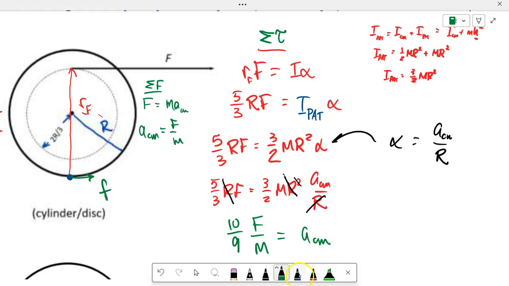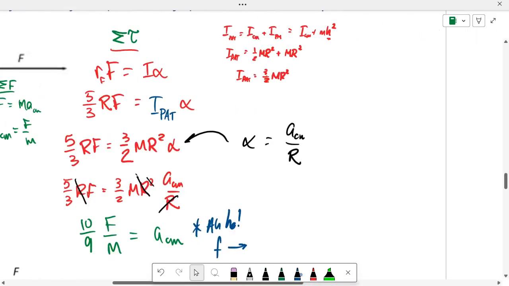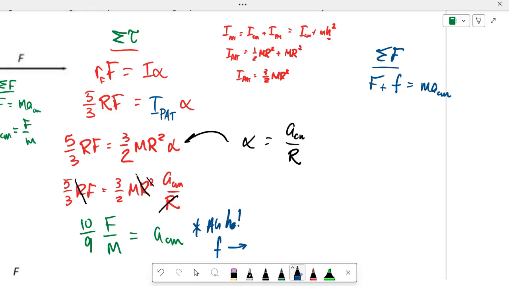So this is our way of saying, aha, friction points right. Now watch this. In net F, we have justified that F and friction point in the same direction as ACM. So how big is the friction force?